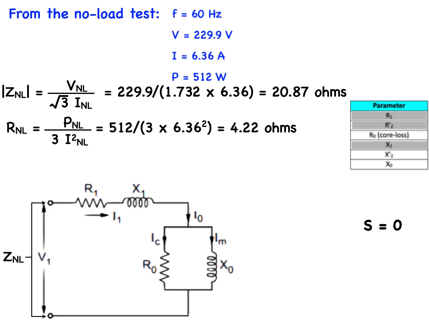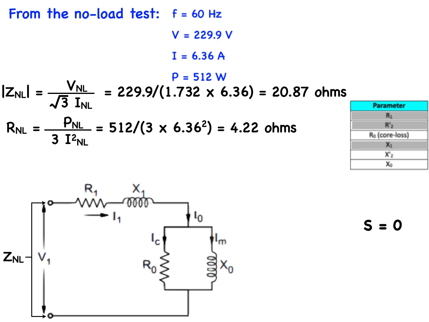RNL is equal to PNL divided by 3 times INL squared, which in actual fact is 512 divided by the quantity 3 times 6.36 squared, which equals 4.22 ohms. RNL represents only the resistive component of the impedance and is R1 in series with R0.